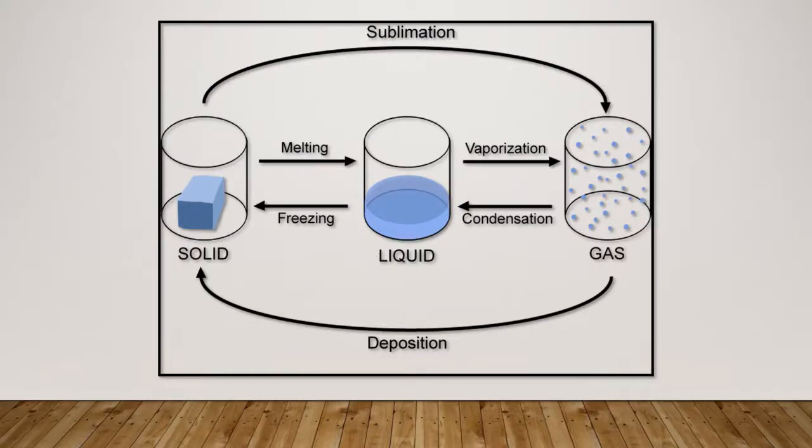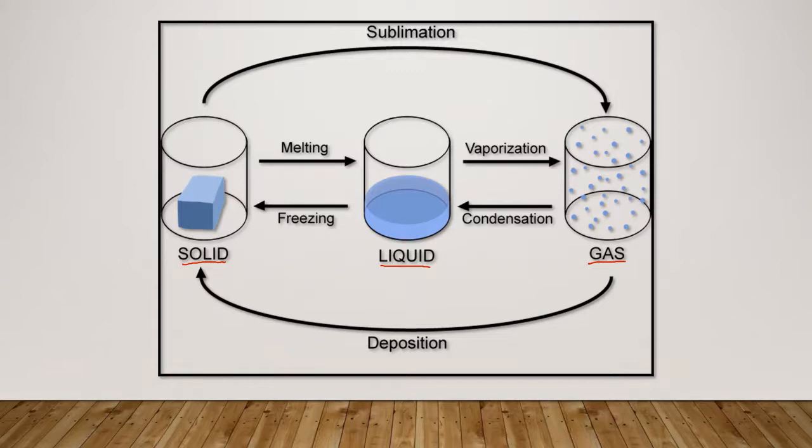Okay, as we know, matter exists in three main states, which is solid, liquid, and gas. The difference between these three states of matter is based on the arrangement and motion of molecules.